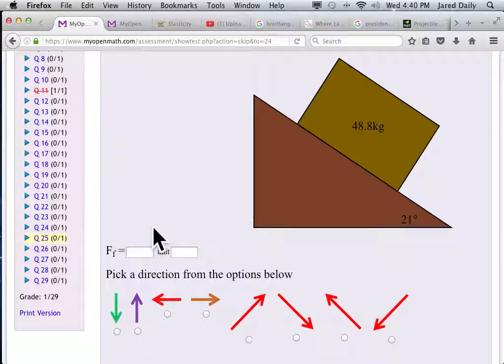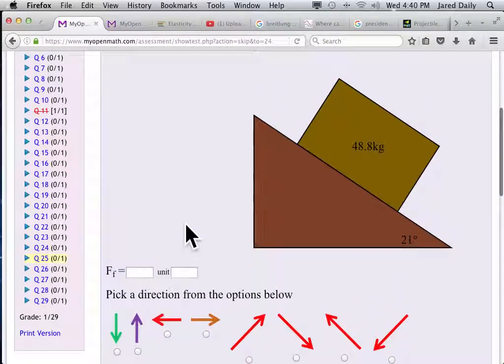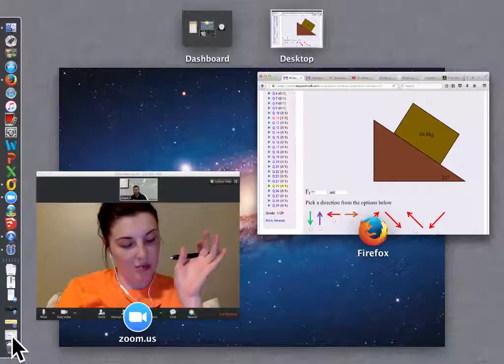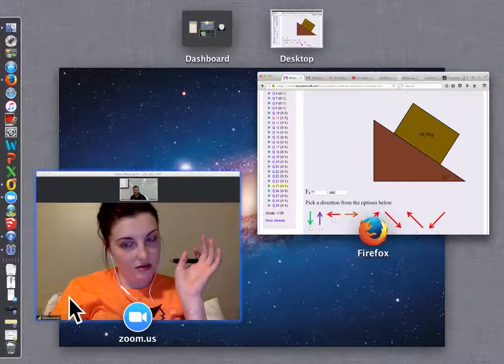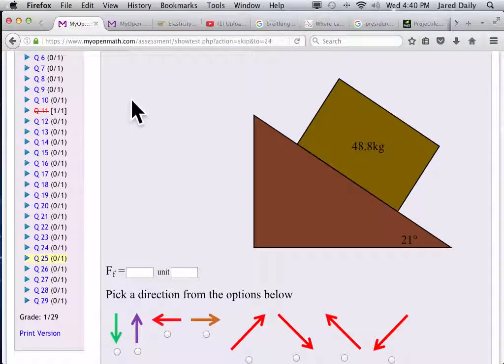So when I use the weight times the cosine of the angle, I'm supposed to use the weight perpendicular, not the weight of just the box itself, right? No, weight perpendicular. When you do weight times the cosine, it's just the weight. Okay, hold on. Because that is the weight perpendicular.